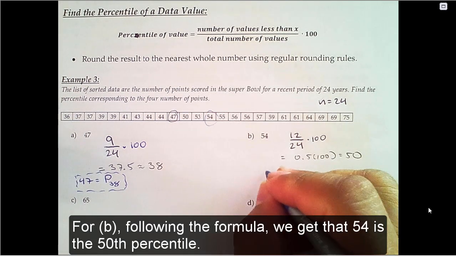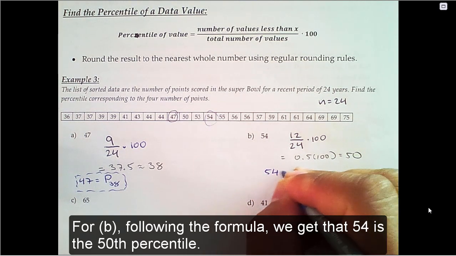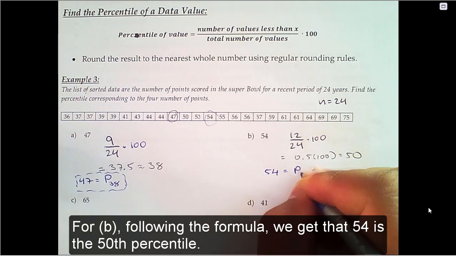For B, following the formula, we get that 54 is the 50th percentile.